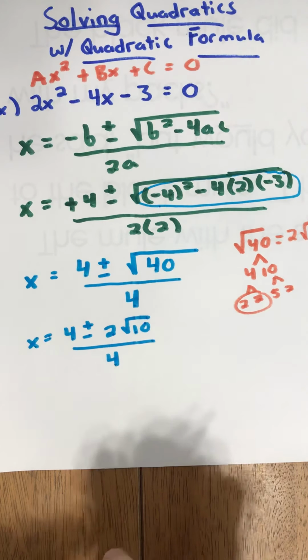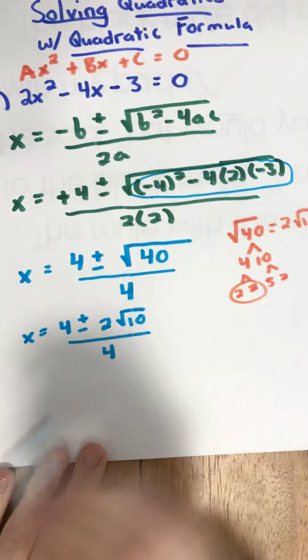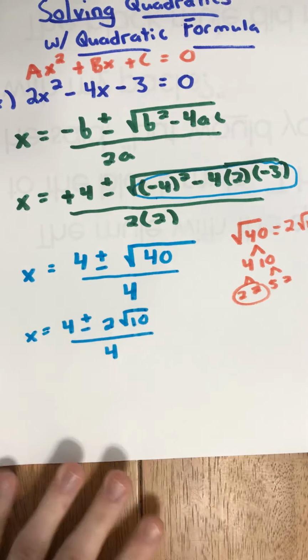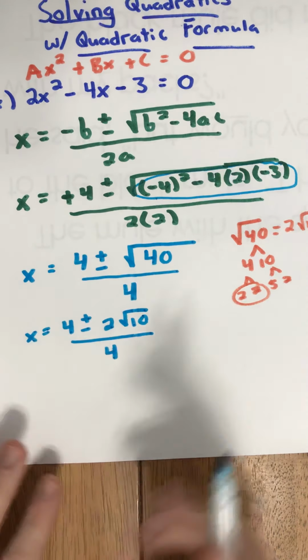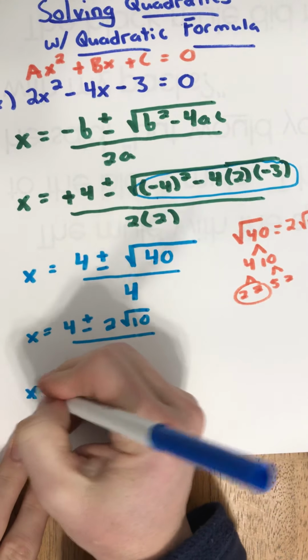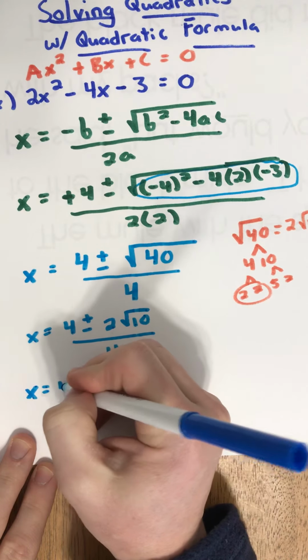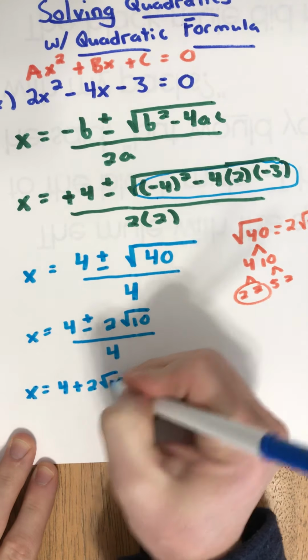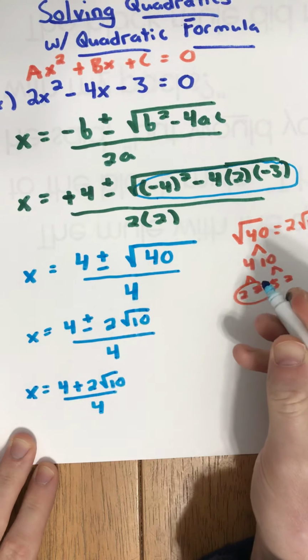All right, so a little bit trickier. We've got to do our plus and we've got to do our minus. So we're going to have one answer as x equals 4 plus 2 square root of 10 divided by 4.